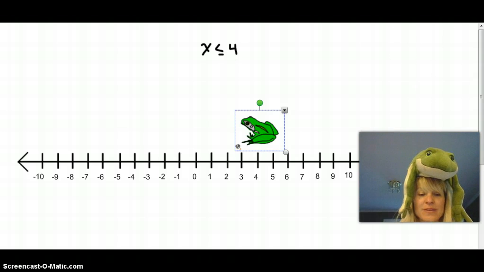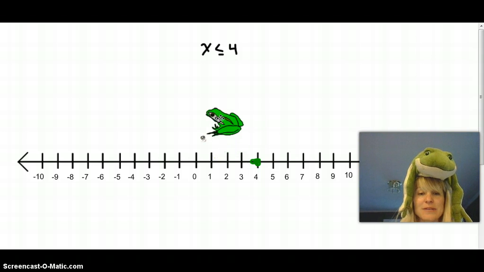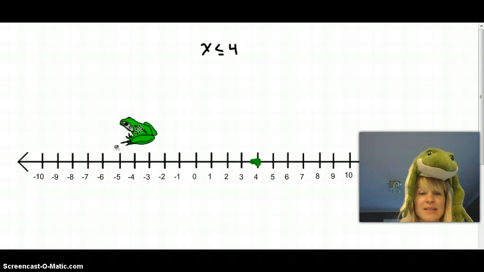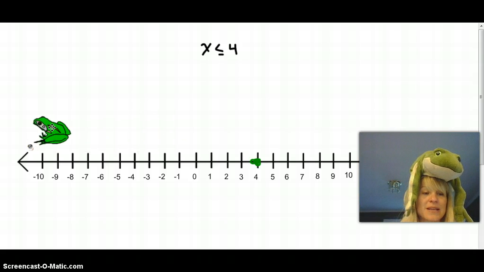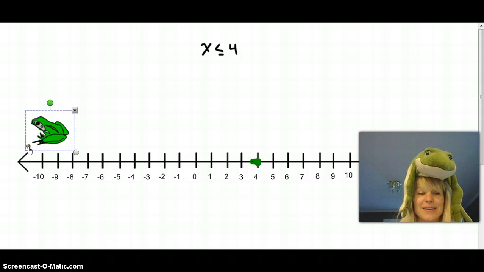Okay. Now, one of the big rules, and I saw it in a lot of your notes, so that was good, is that if it's equal to, it includes that number 4. So we have to put a solid dot at 4. And then if I'm Springy, I'm going to hop down to all the numbers that we can put in for x, and he's going to hop on down into infinity.